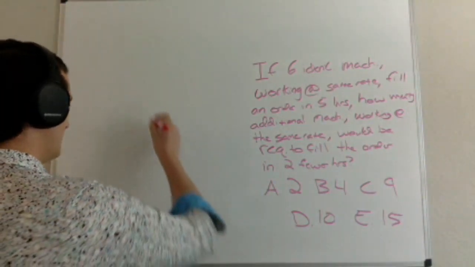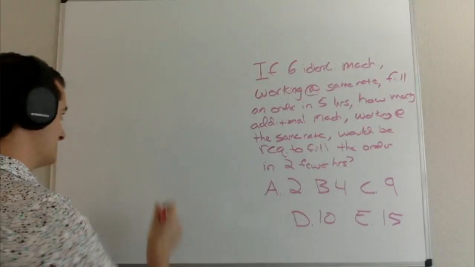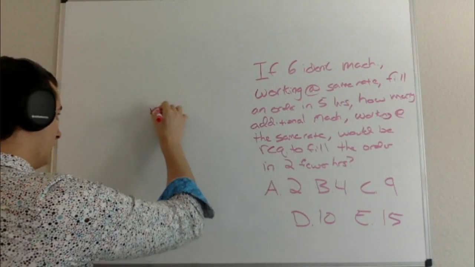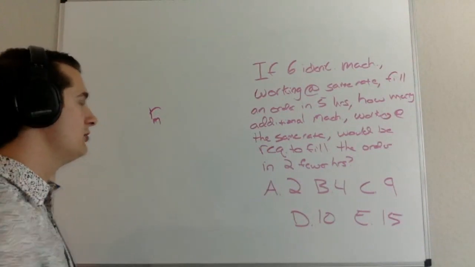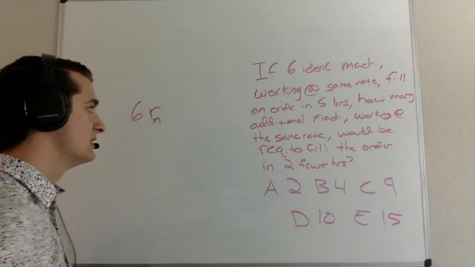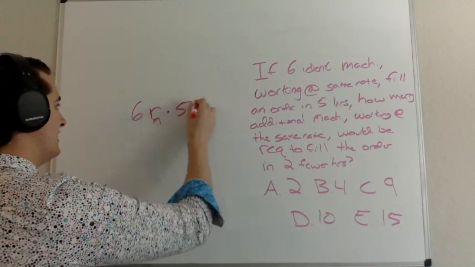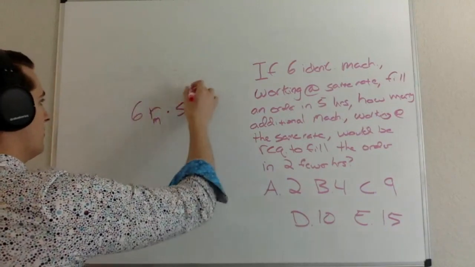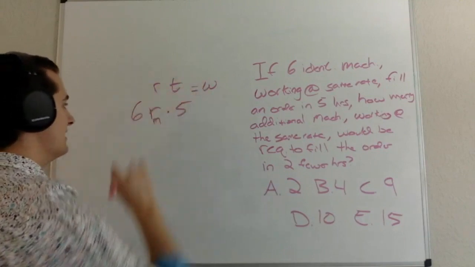What I'm told is that 6 identical machines are working at the same rate. So I'm going to call R sub M the rate of one machine. And I know that 6 times R sub M times a time of 5, because I know that my work is equal to my rate times my time.